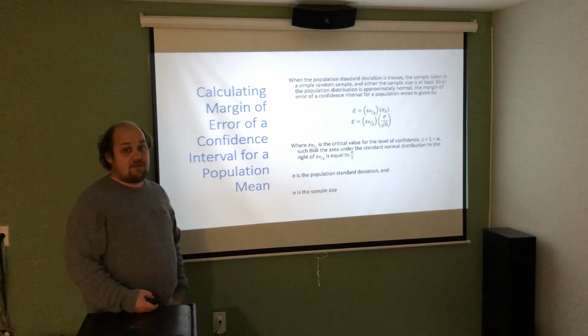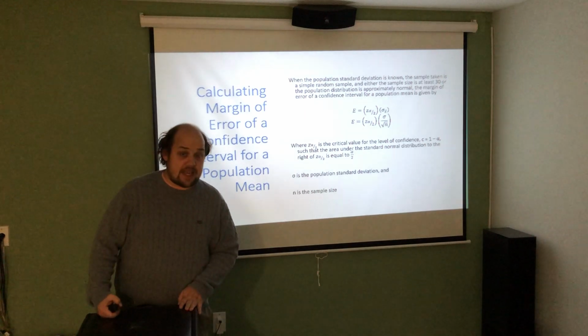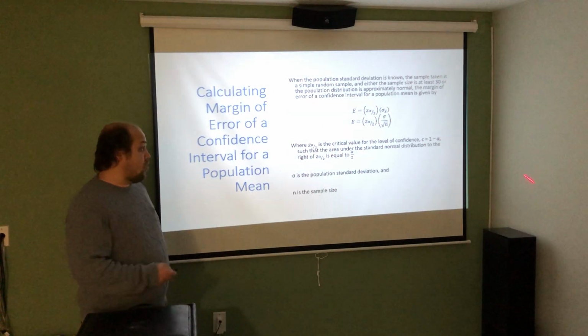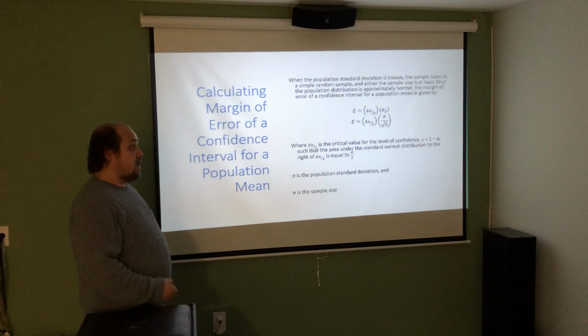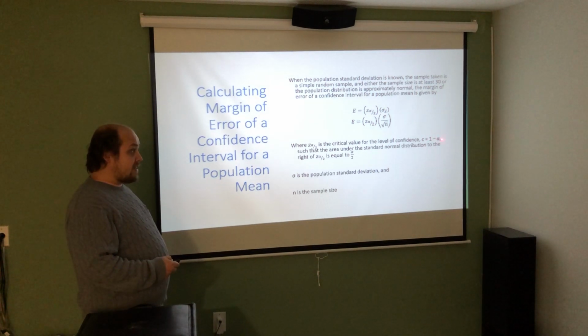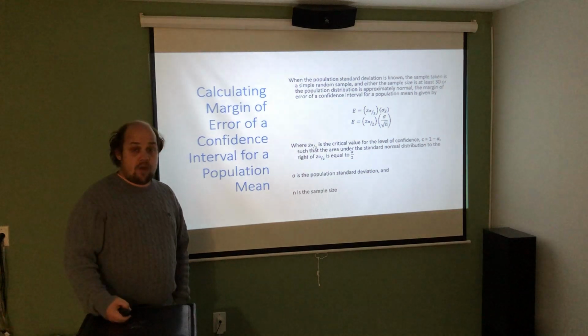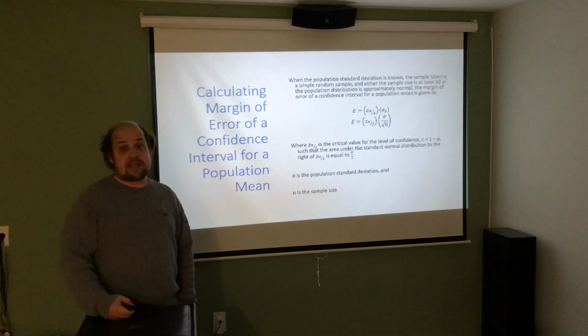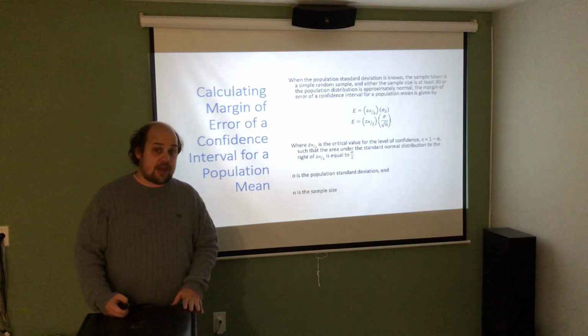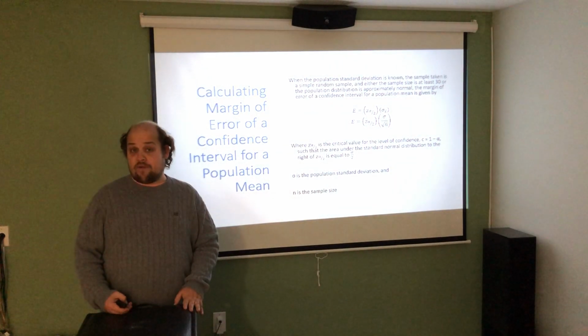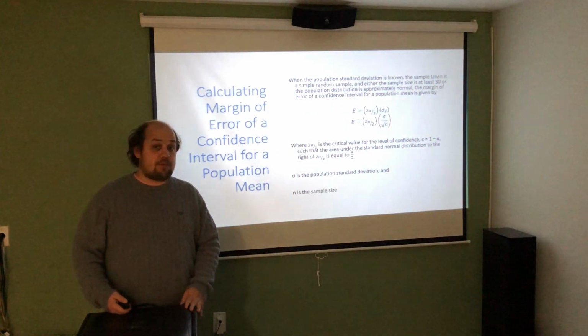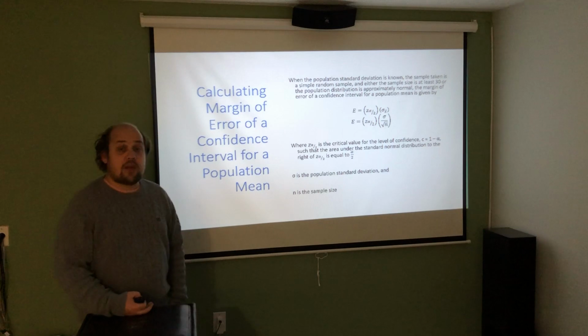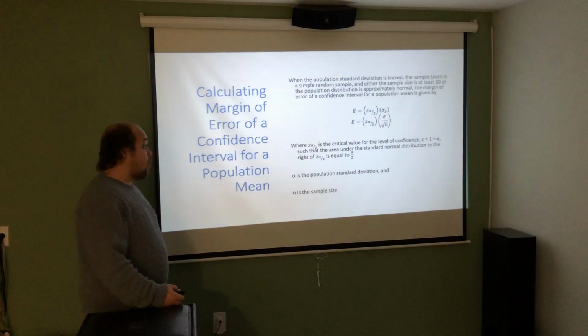In other words, if we're trying to be 90% confident, that would be 0.90 as a value of C. It would be represented by 1 minus 0.10. So in that case, alpha would be 0.10. If we want to be 95% confident, C would be 0.95, alpha would be 0.05. If we wanted to be 99% confident, C would be 0.99, alpha would be 0.01.